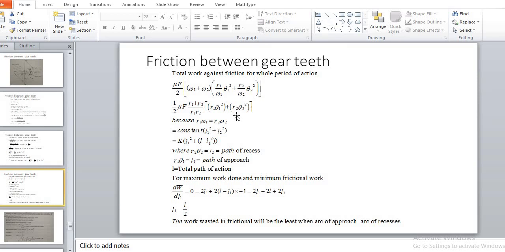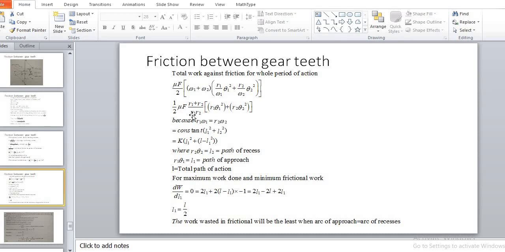In this final equation, r1 omega 1 and r2 omega 2 are considered equal, because this product remains the same. So after simplification, and by considering r1 omega 1 equal to r2 omega 2, we get this equation.